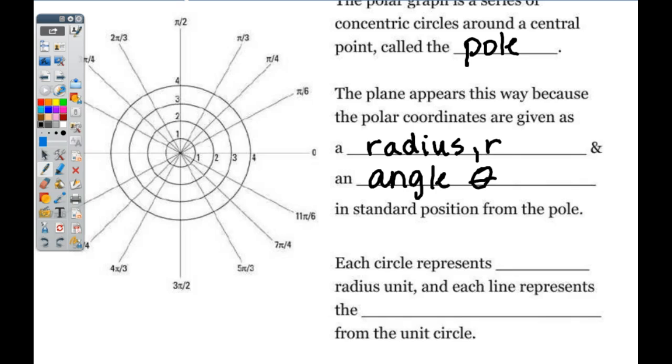So each circle represents one radius unit, and each line represents the special angles from the unit circle. Like pi over 4, pi over 3. Okay, it's our special angles. So the only vocabulary we have so far is, instead of this being the origin, what do I call this? The pole. Okay, that's the only thing.